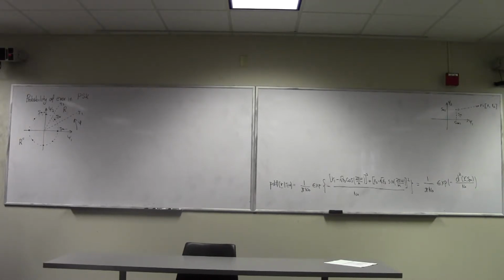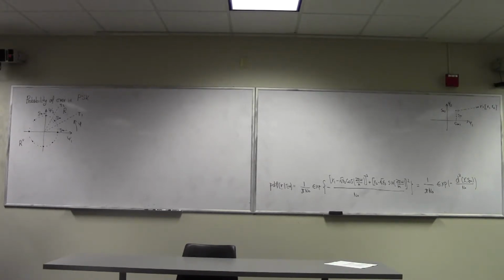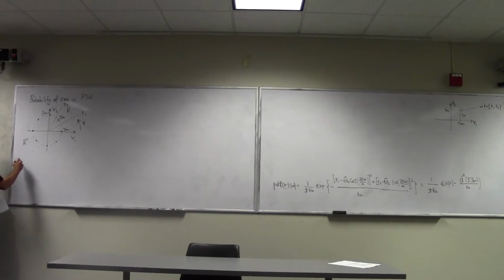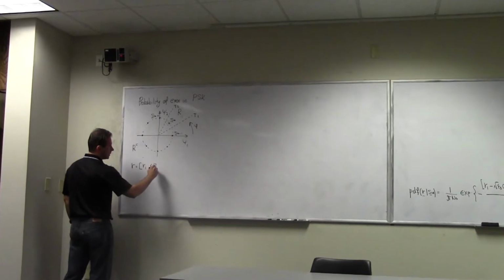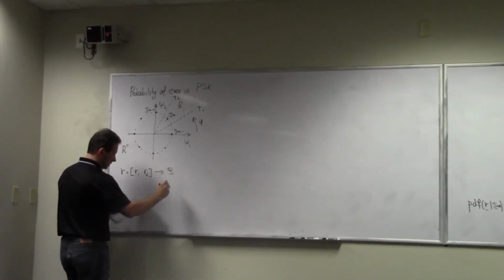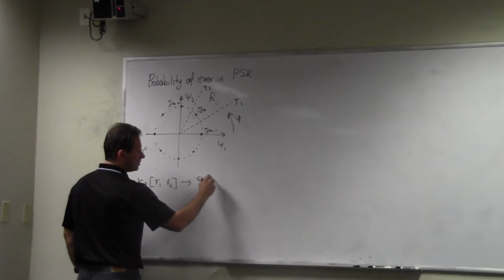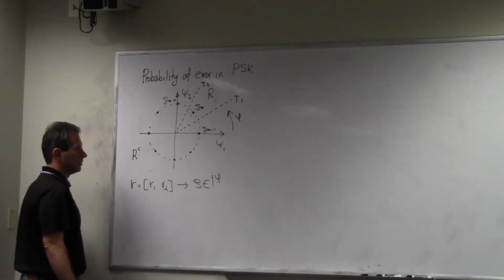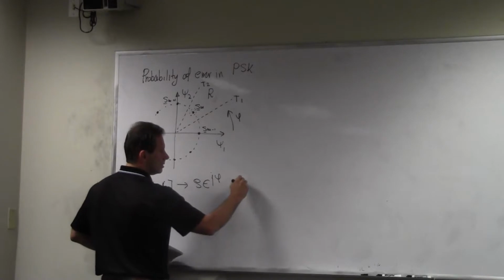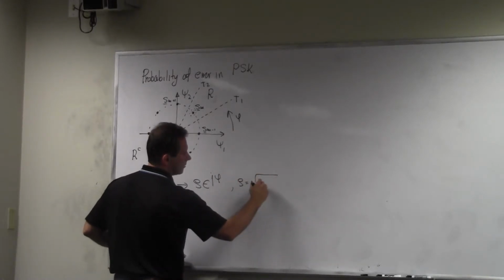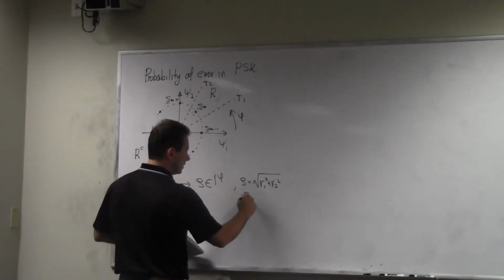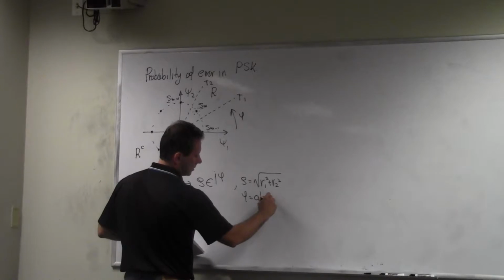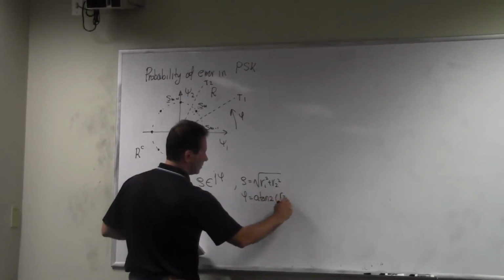Before I go and substitute, let me actually do one more thing. R, which I was saying is R1, R2, I'm going to write as rho e to the j phi, where rho is the square root of R1 squared plus R2 squared, and phi is the arctangent of R2 over R1.